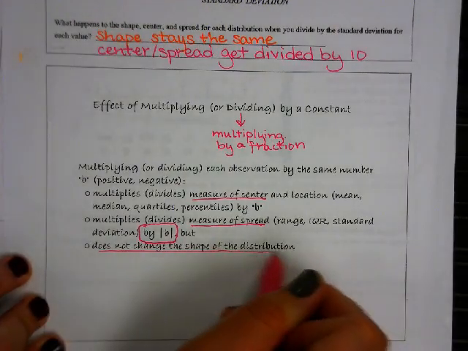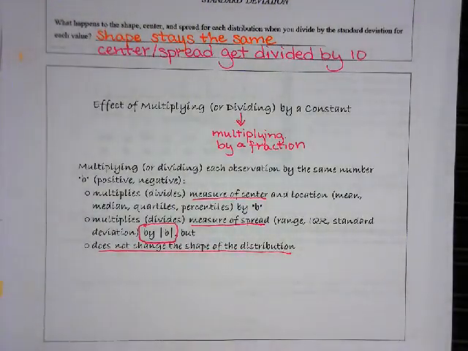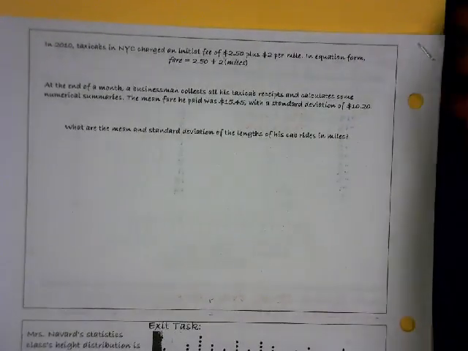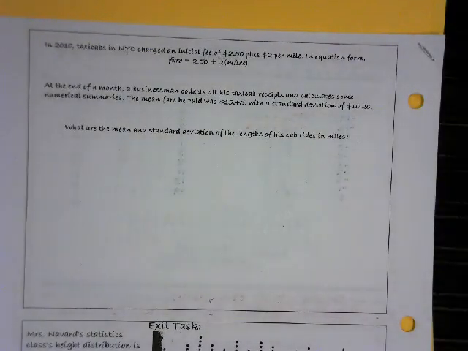So now we're going to look at what this means in terms of homework problems and how you would apply it there. This example says in 2010, taxi cabs in New York City charged an initial fee of $2.50 plus $2 per mile.